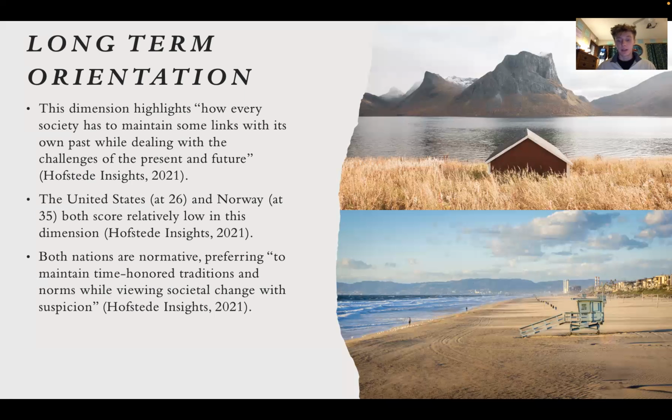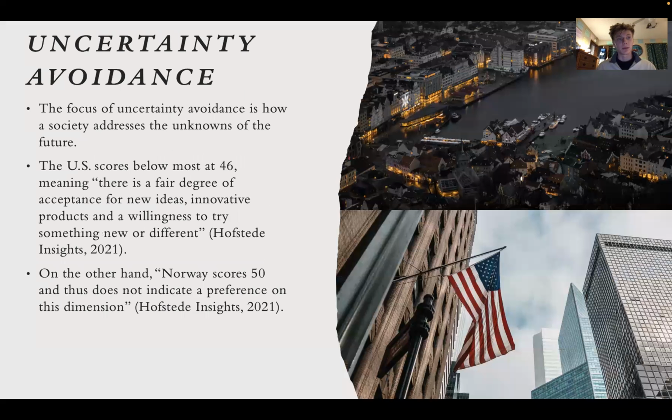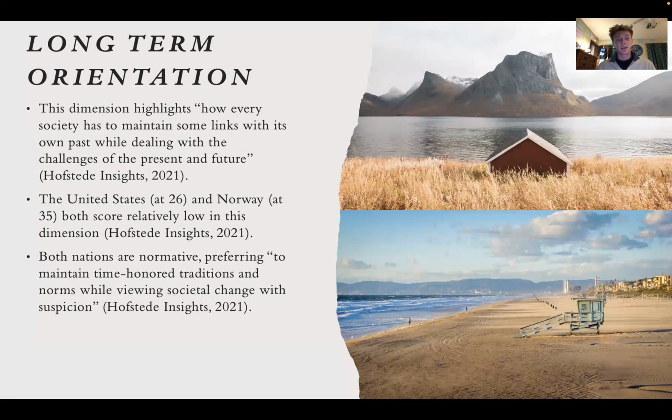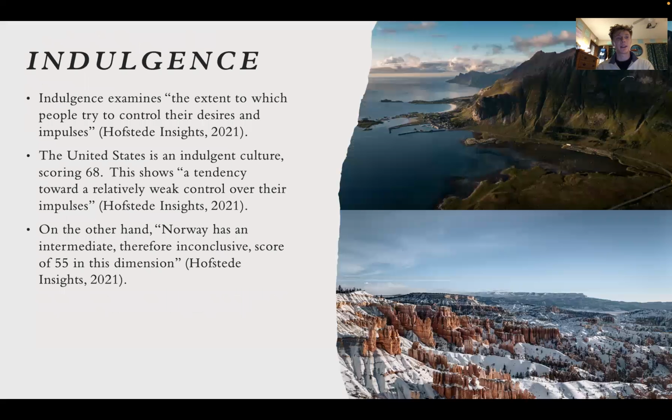And so this can even go back to uncertainty avoidance. There may not necessarily be a fondness for change right away. And I see this all the time where I live, especially in Louisiana, in the deep South in the US. There is a fondness for sticking towards tradition. So both nations share that.